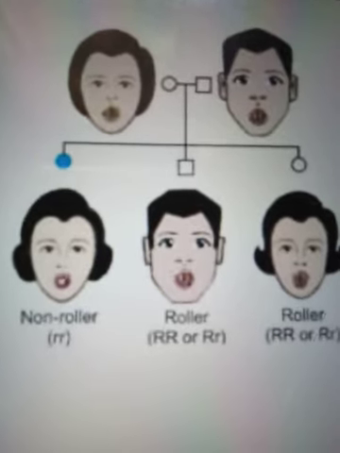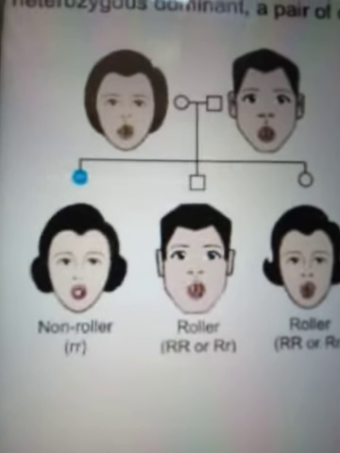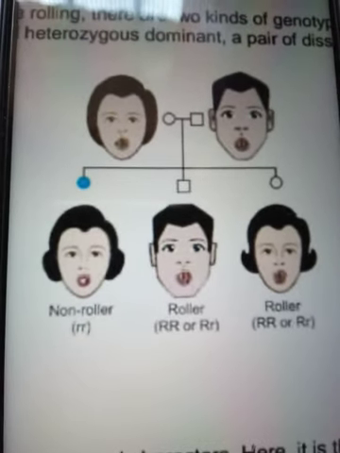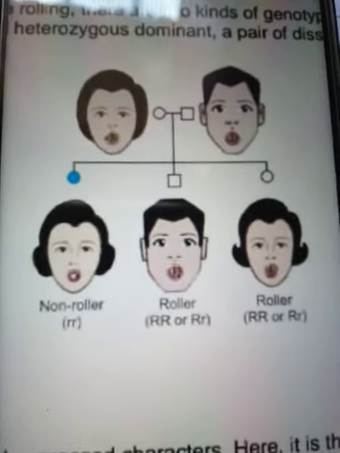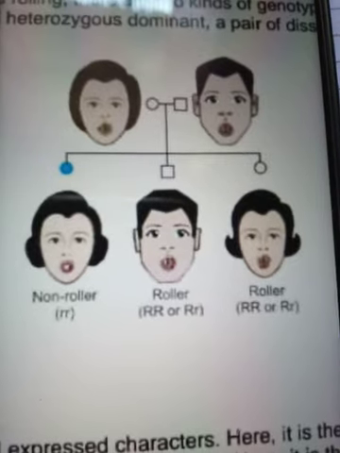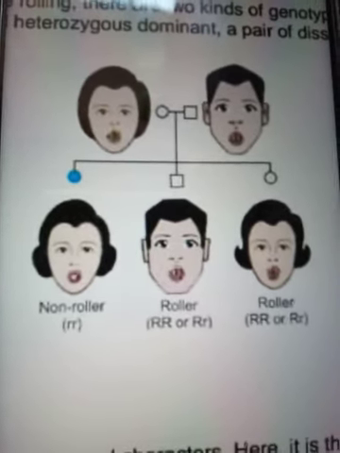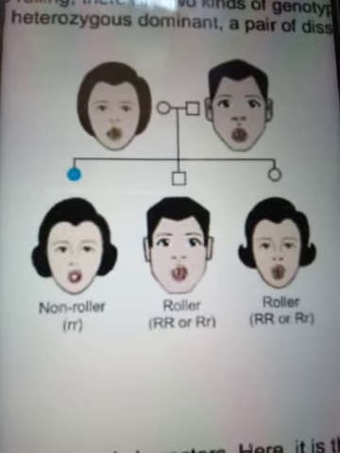Here is the diagram of a family. The mother represents the heterozygous and the father represents the homozygous.